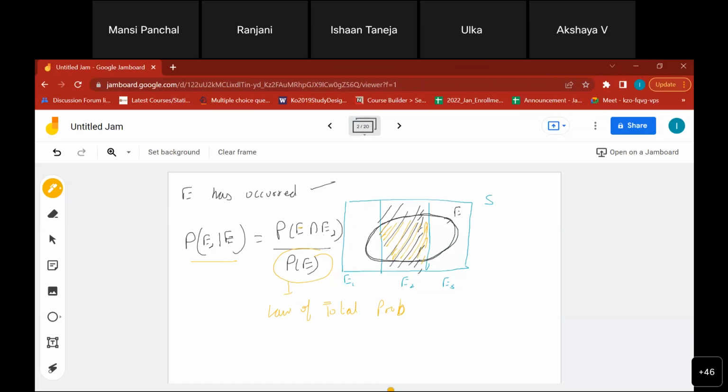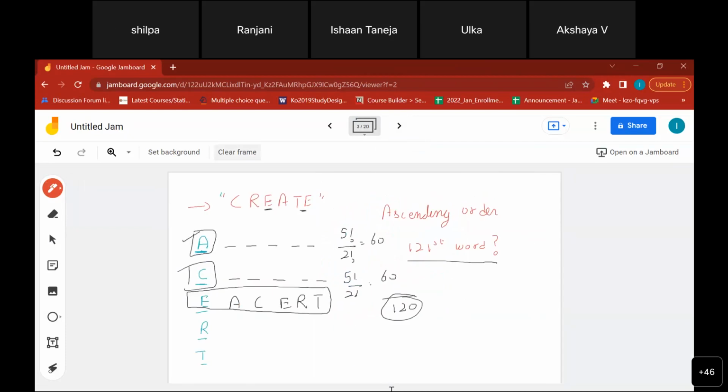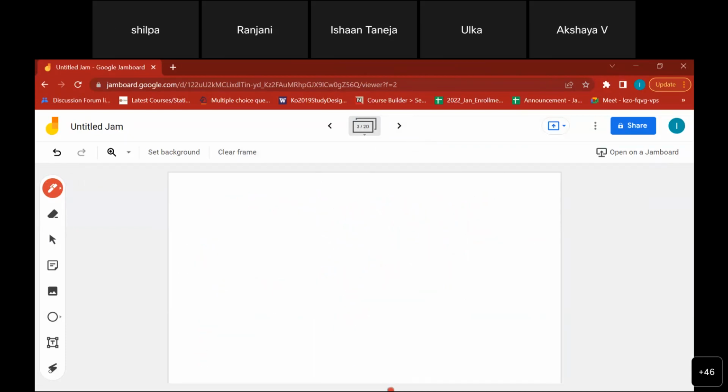Shall we move to the example or any doubt in the concepts? No doubts. It's clear. Let's move to the example.